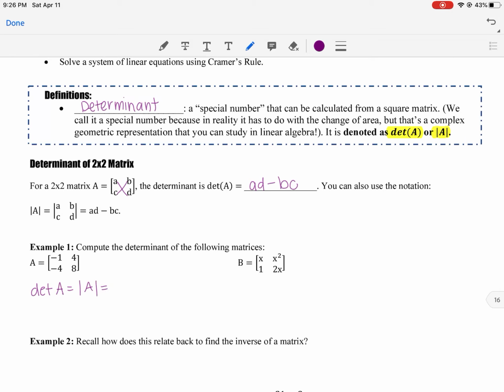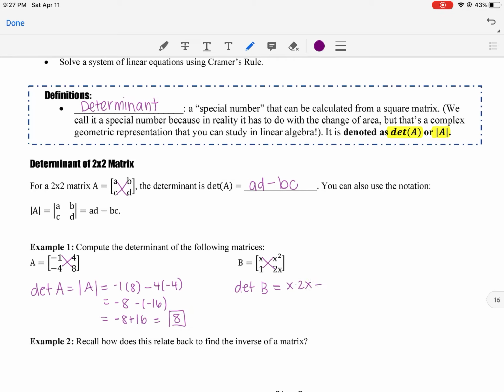So if we wanted the determinant of matrix A here, whether I call it the determinant of A, or I put the bars around it, I'm going to do -1 times 8 minus 4 times -4. So I get -8 minus -16, which is really -8 plus 16, and we end up getting +8.